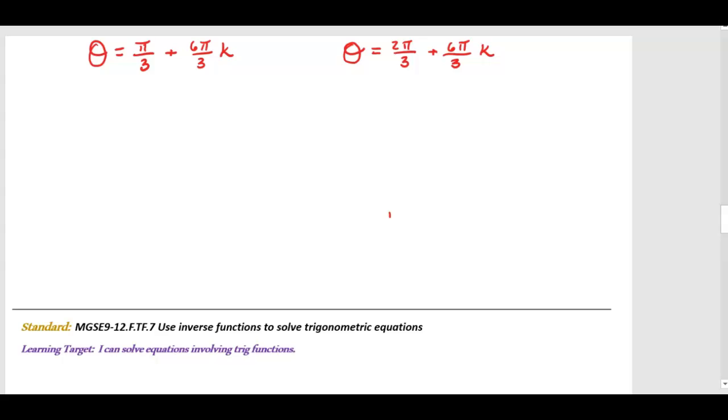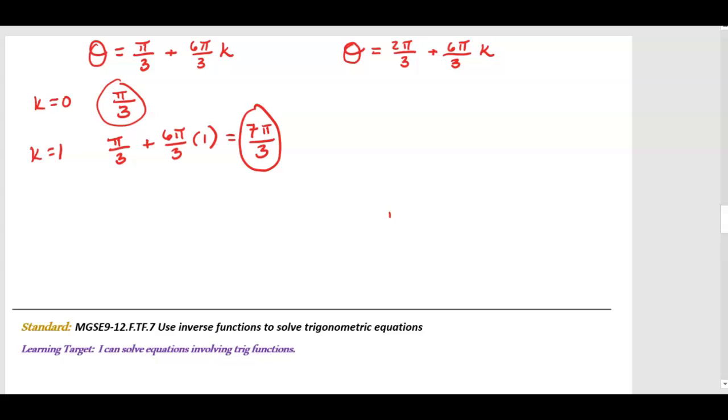So first I'm going to plug in 0. Well, if k is 0, this whole value is 0. So one of my solutions is simply pi over 3 plus 0, or pi over 3. If k is 1, then I get pi over 3 plus 6 pi over 3 times 1. So 6 pi over 3 plus 1 pi over 3, 7 pi over 3.